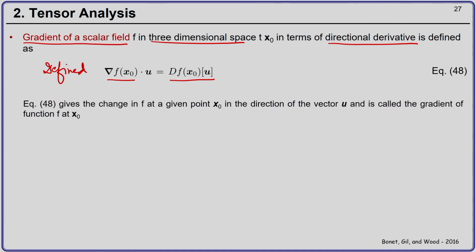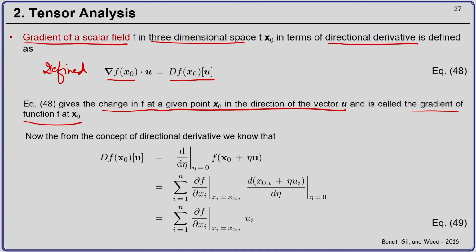So, what does it mean? Equation number 48 will give you the change in the scalar field at point x 0 in the direction of the vector u, and this is called the gradient of the function f at x 0.